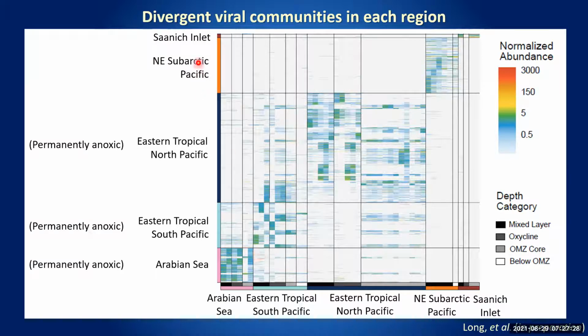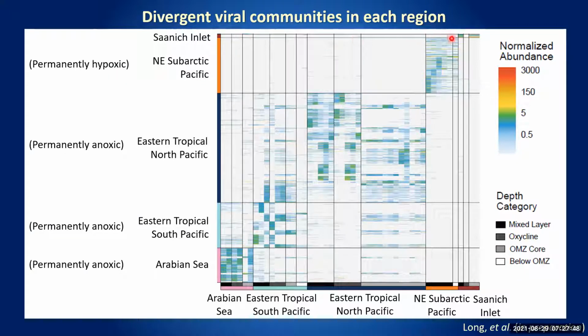Then we go to the Northeast Subarctic Pacific, and we see that that is divergent from the other oxygen minimum zones. This is a permanently hypoxic region. So that means it doesn't mix, but the oxygen concentration only gets down to low levels of oxygen.